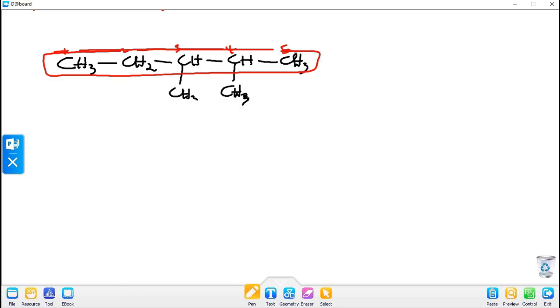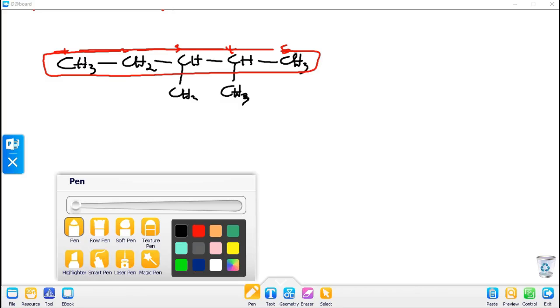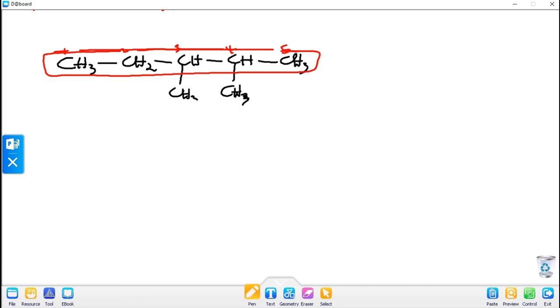So looking at the hydrocarbon chain compound above, what will be the name of that compound? Now, the first thing to do is we need to number the parent chain. Where do we start numbering? Do we start numbering the parent chain from the left-hand side or from the right-hand side?